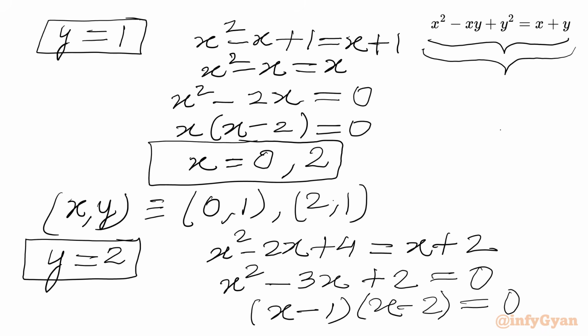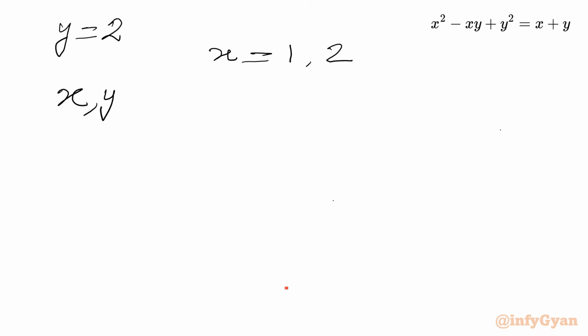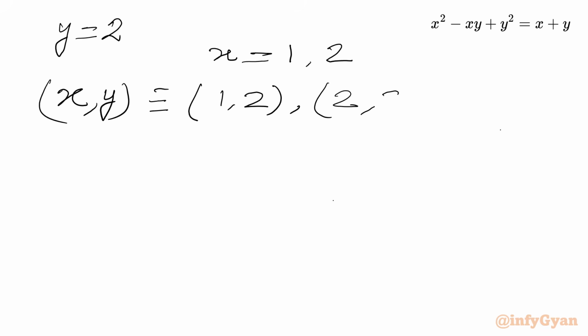Using the product 0 rule, we can write x equal to 1, x equal to 2. For y equal to 2, we have x equal to 1, x equal to 2. So we can write ordered pairs x comma y. In this case, we will write 1 comma 2 and 2 comma 2.